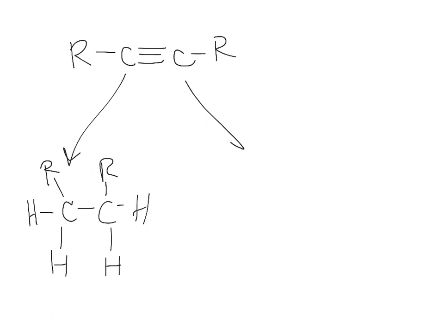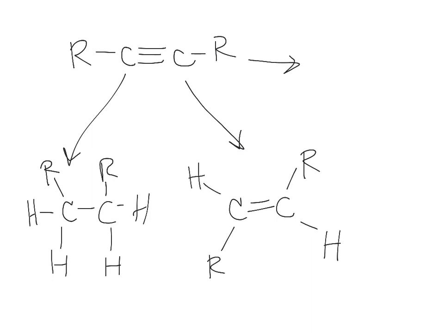Or you can reduce it to a trans alkene. So reduce it part of the way. Or you can reduce it to a cis alkene. And it's all dependent upon which reagents you use.